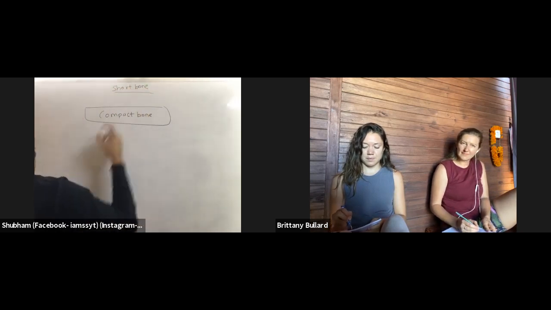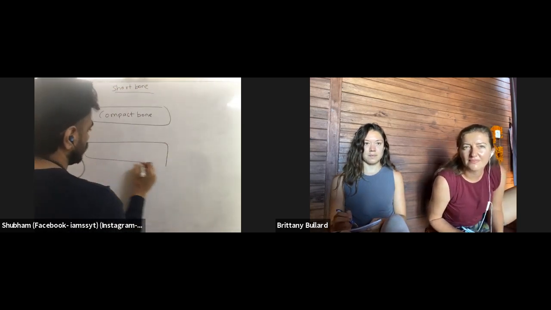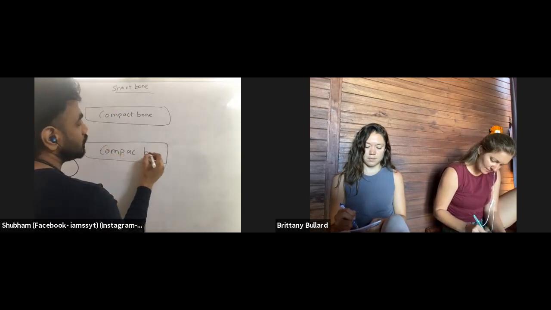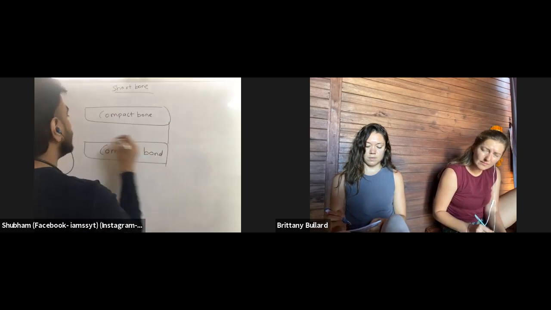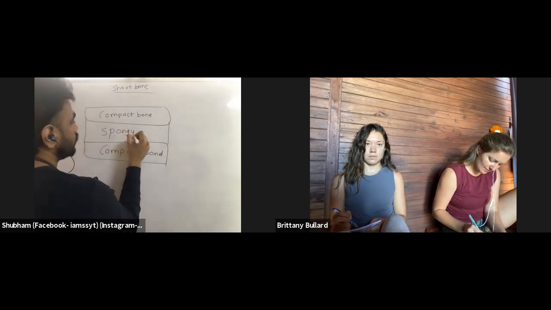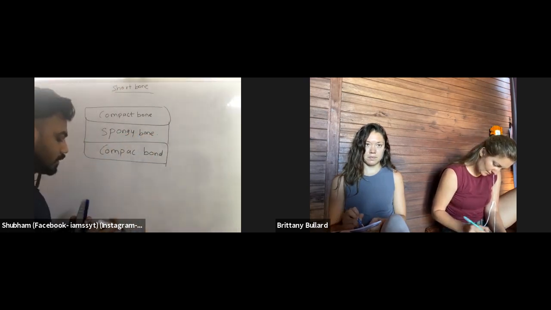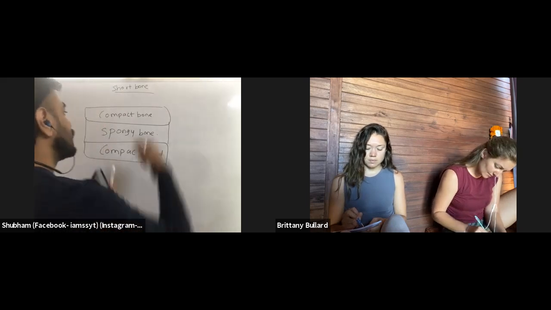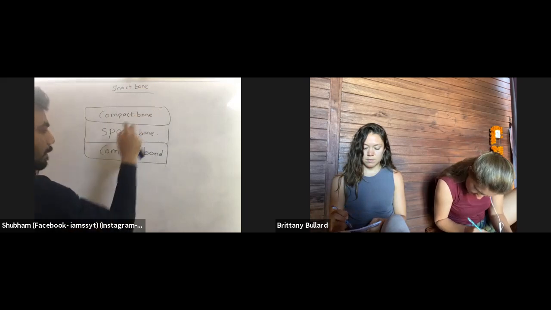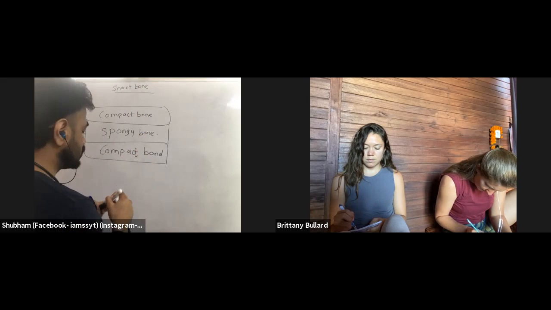So we have the compact bone at the two ends of the short bone. Compact bone means the hard bone. And in the middle, we will have the spongy bone or the soft bone. Like a sandwich, from the two sides we will have the thick bones that are called compact bones, and at the center, we will have the spongy bone.